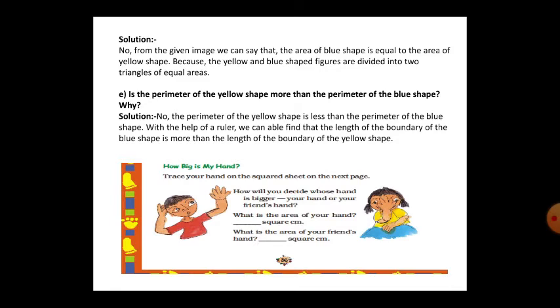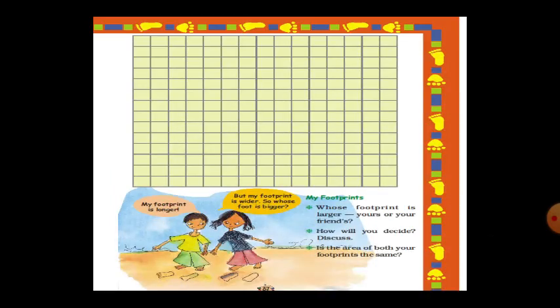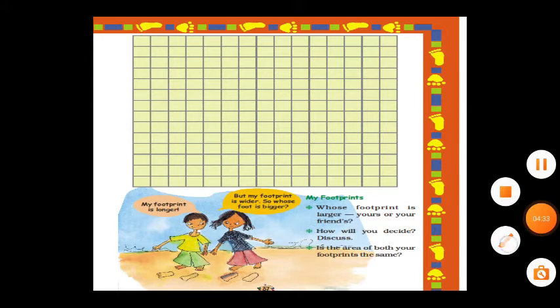What is the area of your hand? How to find the area? You have to find how many squares are inside. That many square boxes there are, so that much will be the area. You can find it like that and write the area. What is the area of your friend's hand? You can identify your brother or sister's hand area and your hand area.